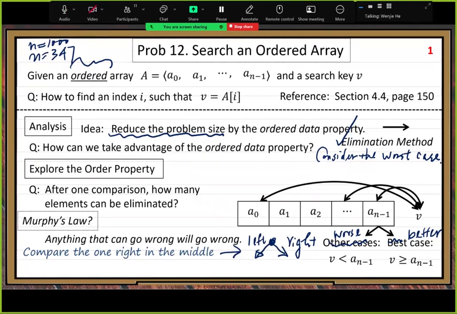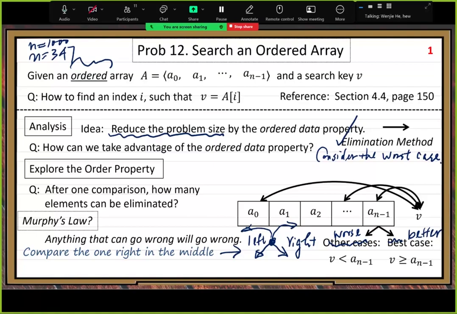Okay, but that's the maximum number of elements you can eliminate, right? Because if you move this point to the left or to the right, in any direction, one of the two branches would be smaller, right? The elimination would be that smaller one.